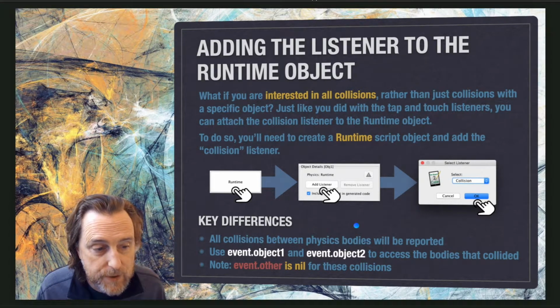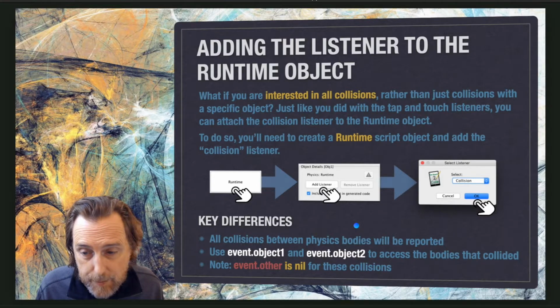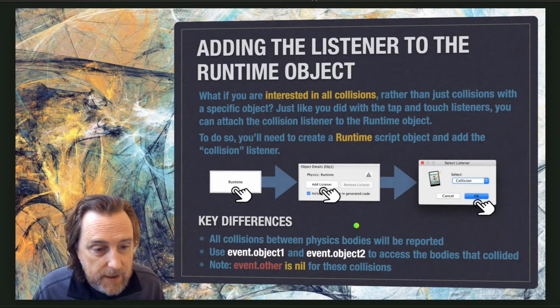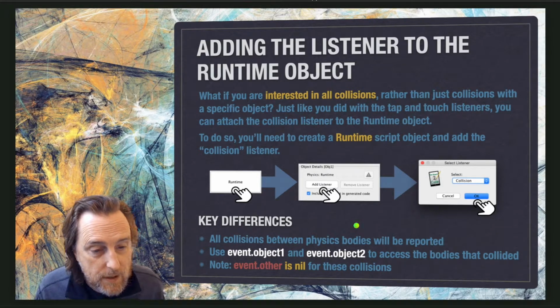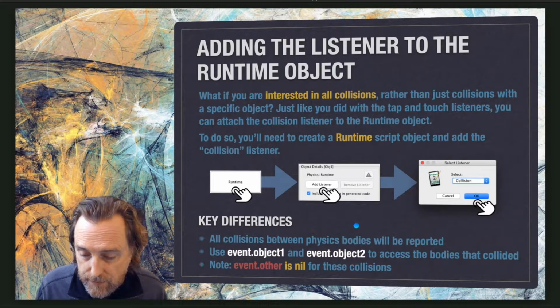You know that two physics bodies collided, but you don't know if it was the ball and the ground or the other ball and the ramp or the ramp and the lockbox. You have no idea. So for that reason, the syntax for working with the runtime collision handler is different.